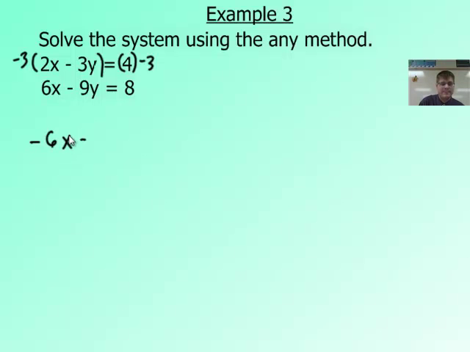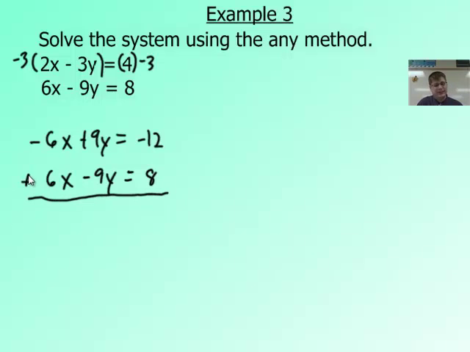So I distribute that -3, so -6x plus 9y equals -12. And I bring down that second equation, 6x minus 9y equals 8. And we're going to add these together. Let's see what happens. Well, something interesting happens.